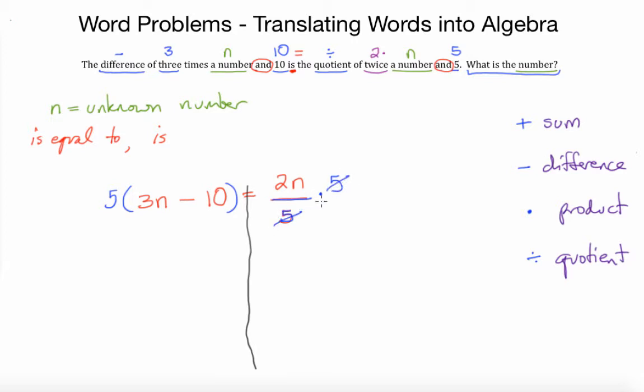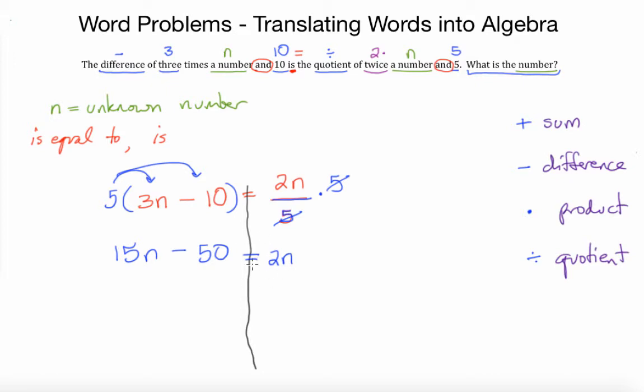They're opposite operations, so they undo each other, leaving just 2 times n. I like that. But on the left side, I'm going to use the distributive property. 5 times 3n is going to be 15n minus 5 times 10 is going to be 50. Make sure you multiply everything on both sides when you do this process. Okay, same equation, but now no fractions.